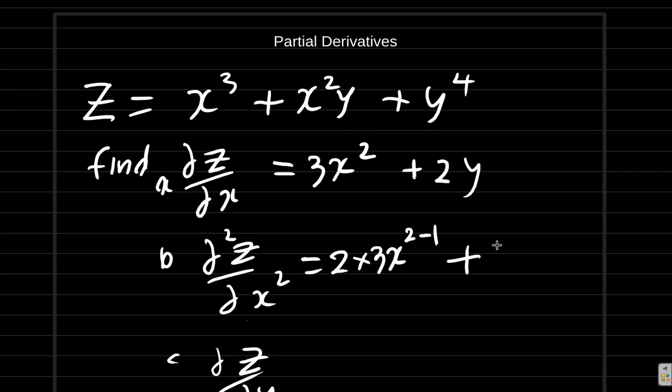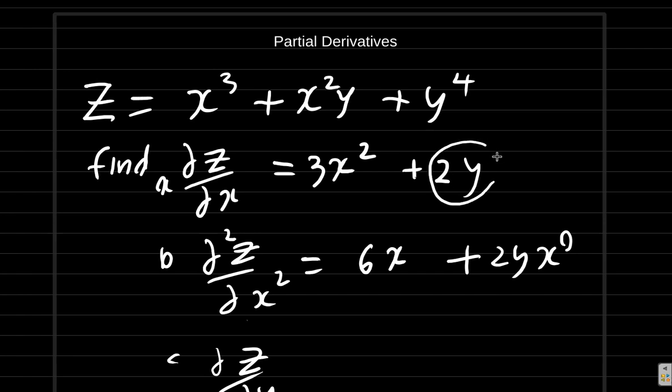Let's fix this part up. x to the 2 minus 1 means x to the 1, which is just x. And 2 times 3 is 6. So what you have is 6x. Oh, by the way, my mistake out here. 2y times x. There was no x, so it's really x to the 0. 2y is just a number, so the x here is invisible.